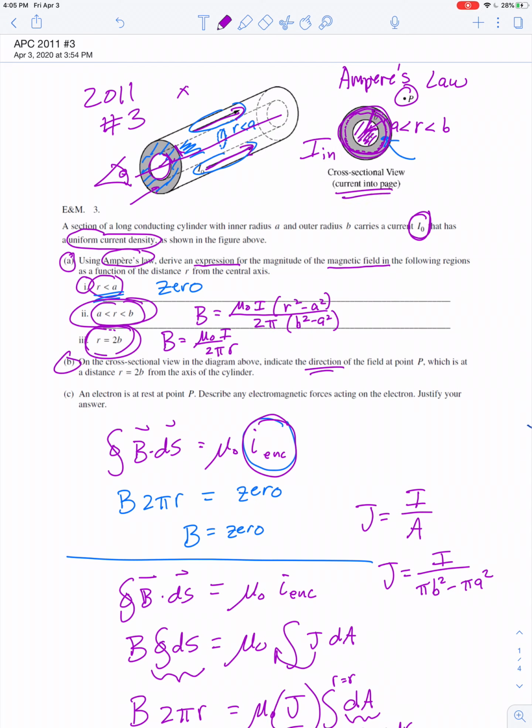So if you point your thumb into the page, then you see the magnetic field that passes through point P represents a circular magnetic field line that goes around in a clockwise direction. So they say indicate on the diagram above. We could also say it in words that it's clockwise. So at point P, it points down and to the right.